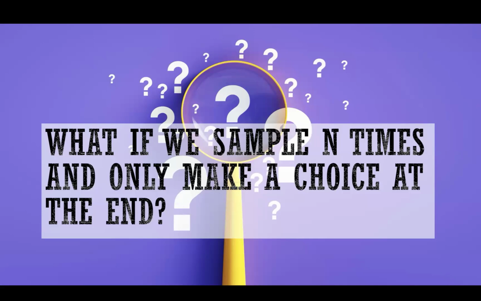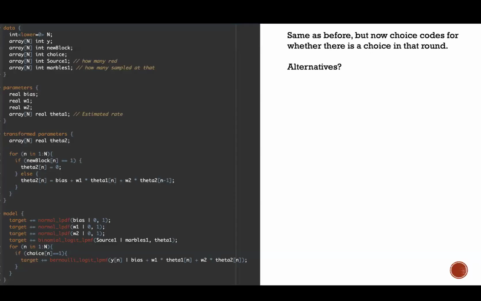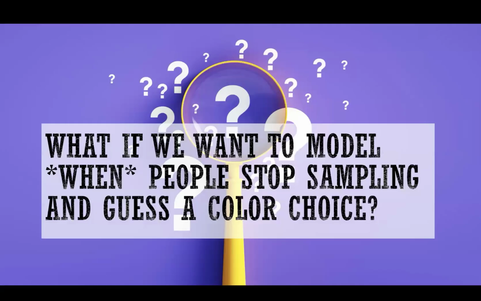So for instance, we could have that first you sample n times, and only at the end we make a choice. And this would be how the code works. Or we could do something even more interesting.